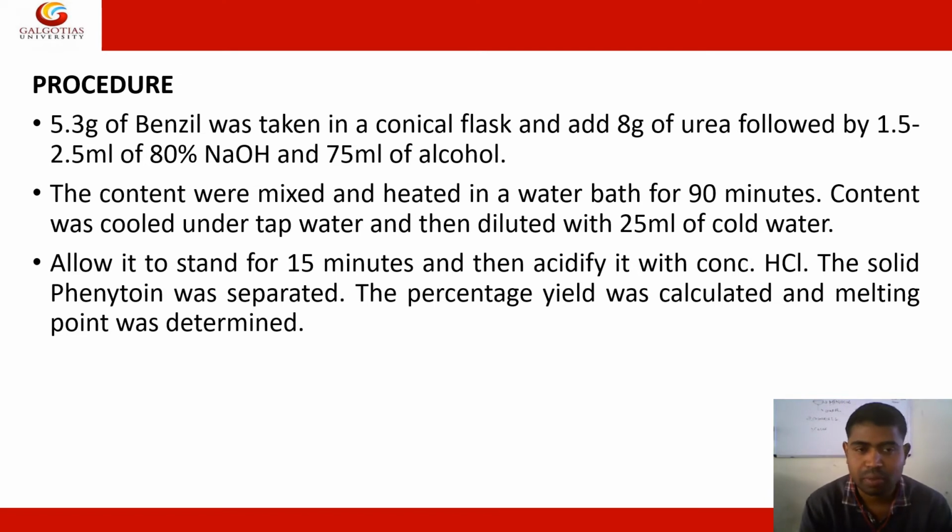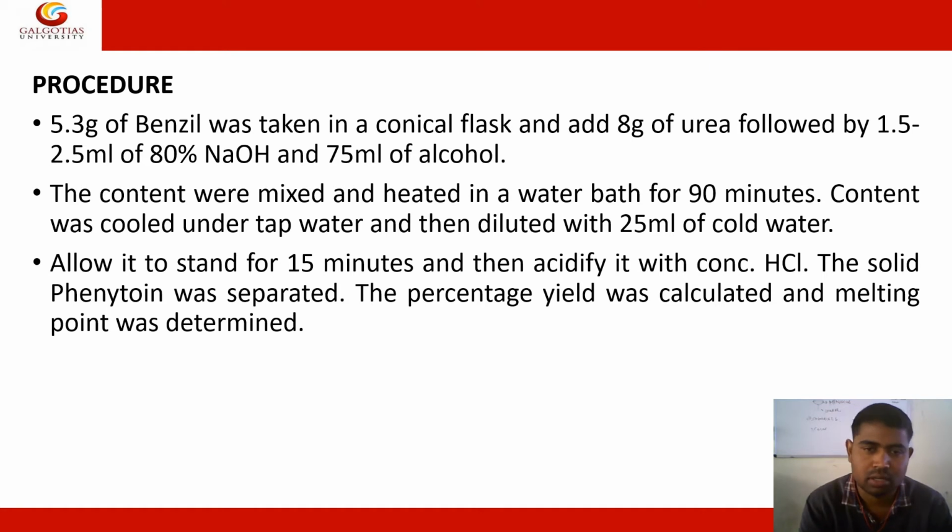So how can you prepare the sodium hydroxide solution? You just have to take sodium hydroxide by weighing it on a weighing machine, and dissolve it in 20 ml water. Make the volume up to 100 ml. You will get the sodium hydroxide solution.